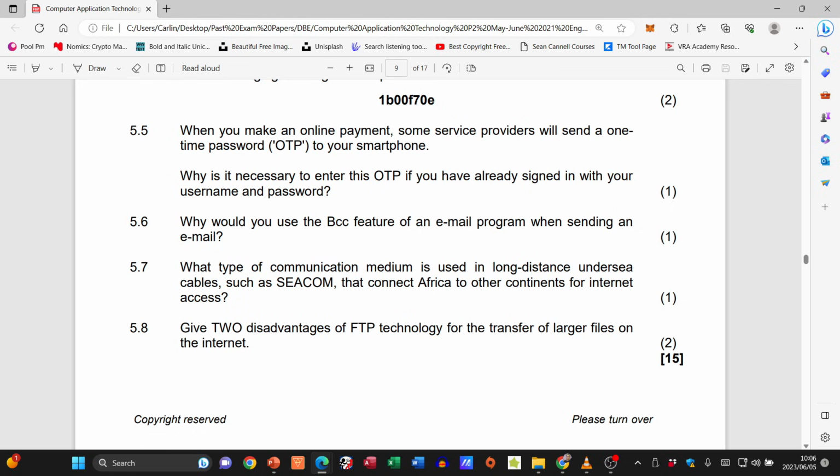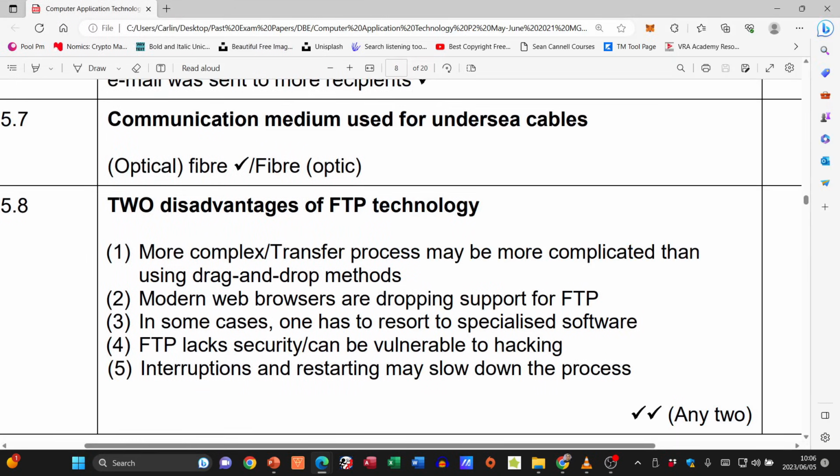And then we've got FTP technology. That is our file transfer protocol. Give two disadvantages of FTP technology for the transfer of larger files on the internet. And I'm going to use the memo for this one so you can see the different options. First of all, it is more complex. Modern web browsers are dropping out of support for FTP.